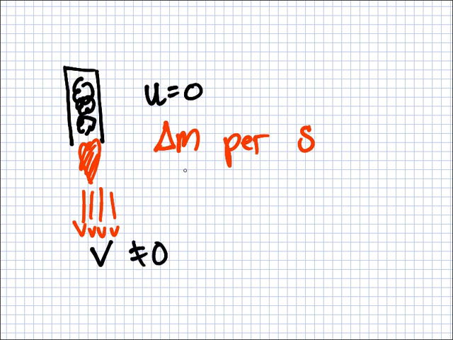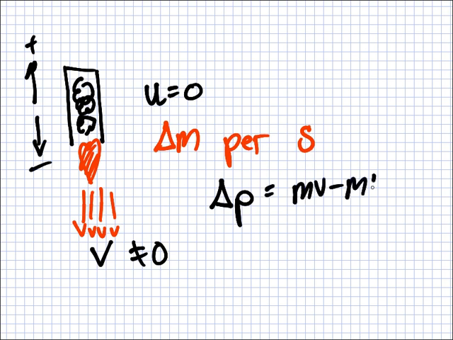So if you were to look at the gas, how does the momentum of the gas change? Let's keep the up positive and the down negative. So first we have mv minus mu. If we're only looking at it for 1 second, the m is delta m, whatever number that is.